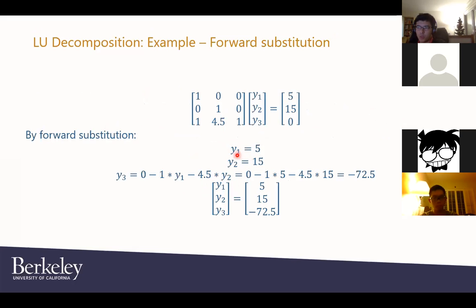So the first row, that's direct. Y1 equals 5 over 1. Second row, that's 15 minus whatever was, in this case, 0 over 1. So y2 equals 15. And y3 equals 0 minus 1 times y1 minus 4.5 times y2. And we get our value for y3. So we have our dummy variables y.